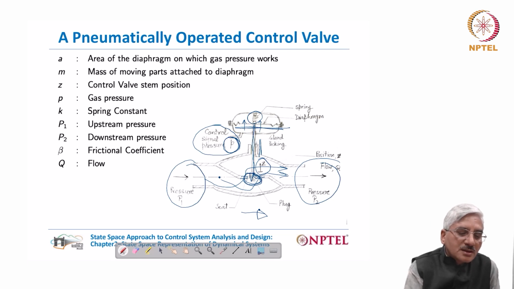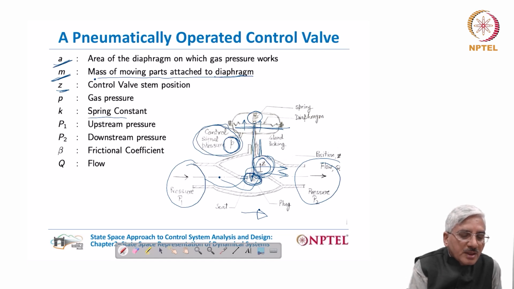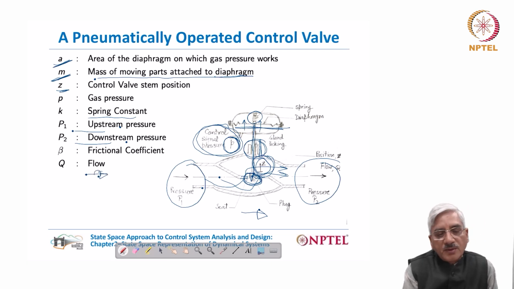So various variables are listed here. A is the area of the diaphragm, M is the mass of the stem, the plug, all the moving parts attached to the diaphragm. Z is the valve position, P is the applied signal, K is the spring constant, P1 and P2 are respectively the upstream and downstream pressures in the pipeline. Beta represents the viscous frictional coefficient of the gland, and Q is the flow taking place through the valve.